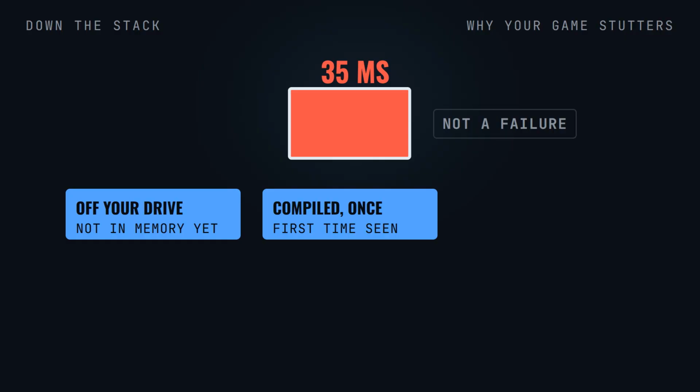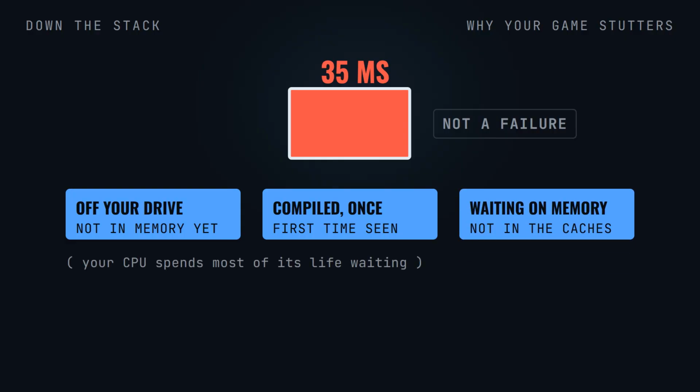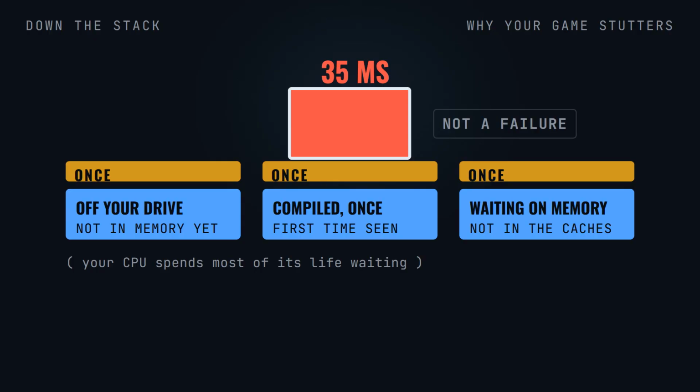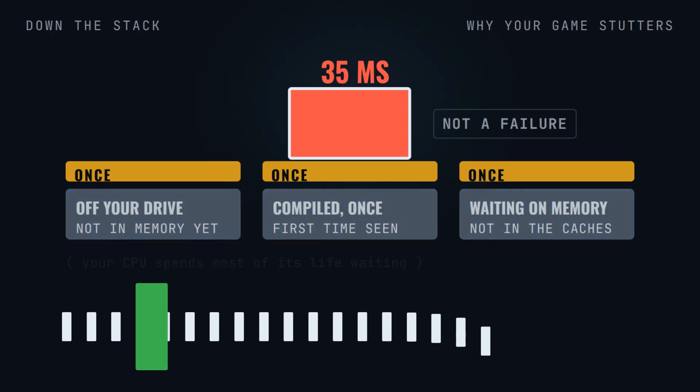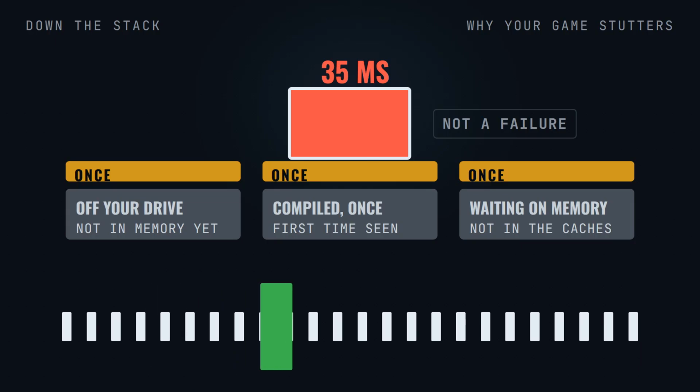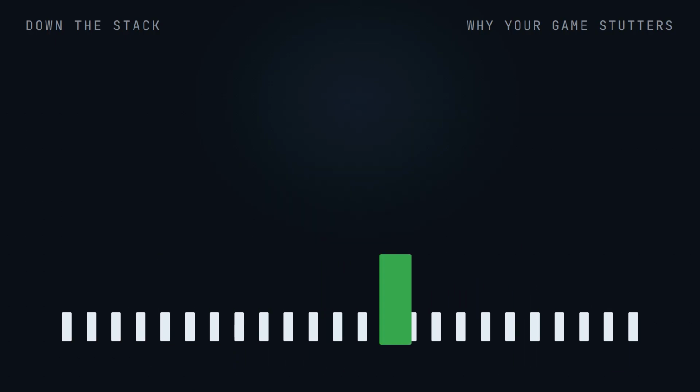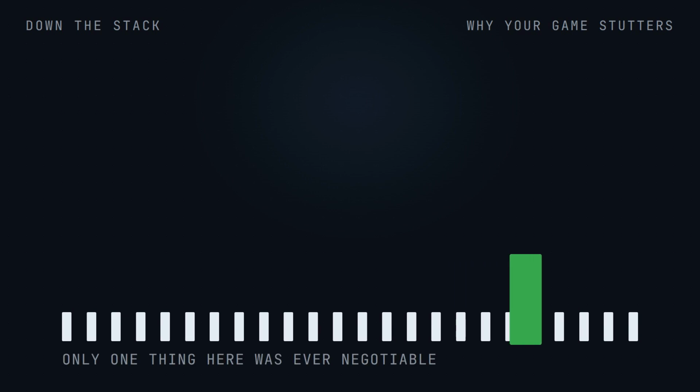And the standard graphics documentation warns in as many words that compiling it inside a frame produces intermittent stuttering. Or the processor reaches for something that is not in its caches and simply waits, the way it spends most of its life waiting. Every one of those is a one-off cost, and the display's clock is not a one-off anything. There is one place in that whole chain that was ever really negotiable, and it is not the frame.